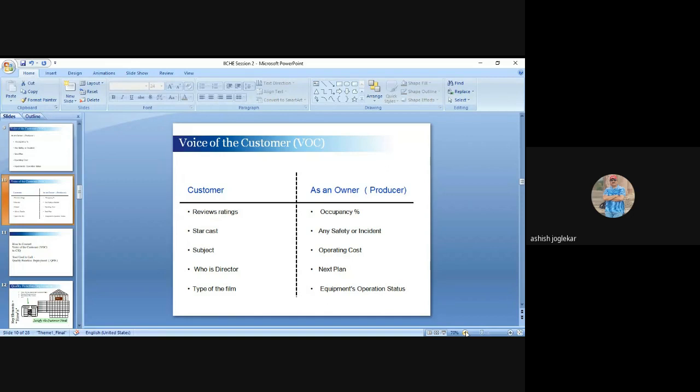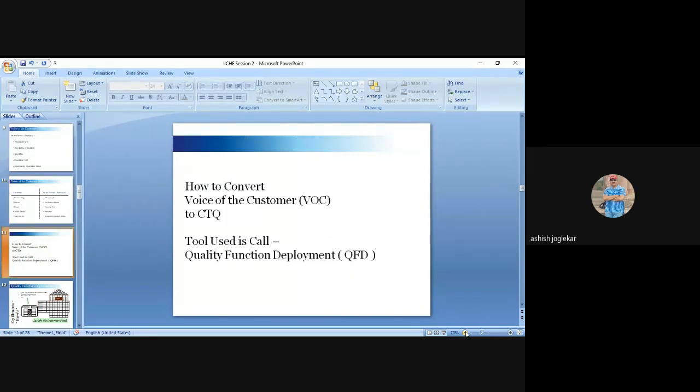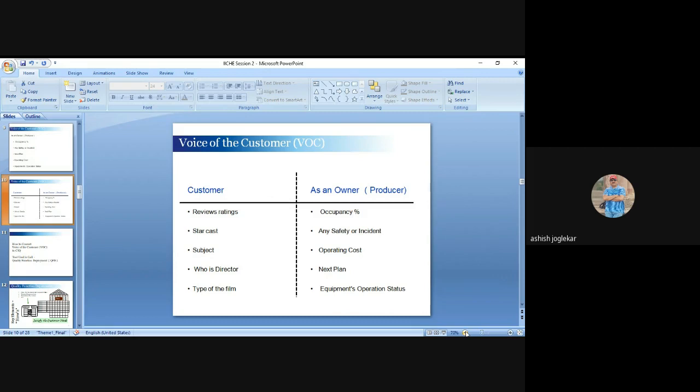Then we have a tool for converting voice of customer into CTQ. The tool is called quality function deployment. It is a tool where you can relate one thing to another to find out what will improve my occupancy.